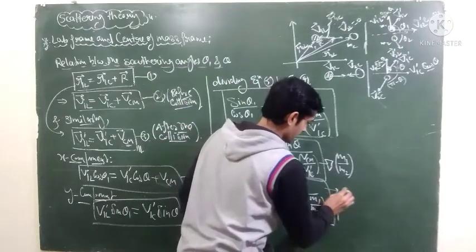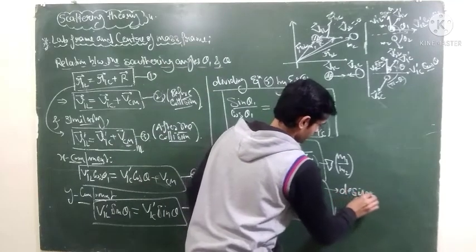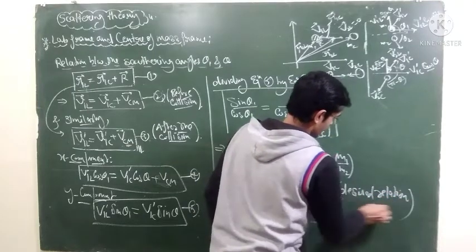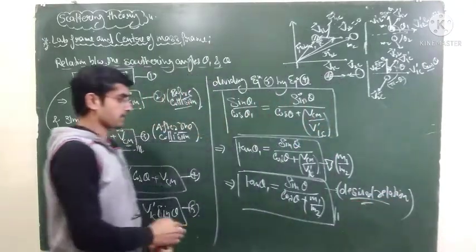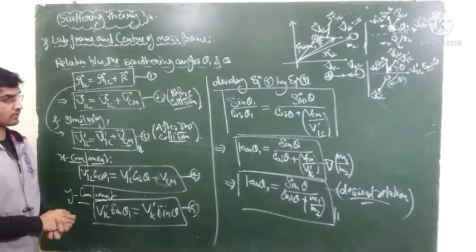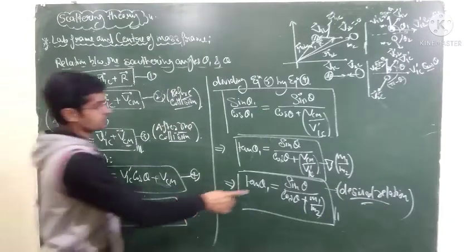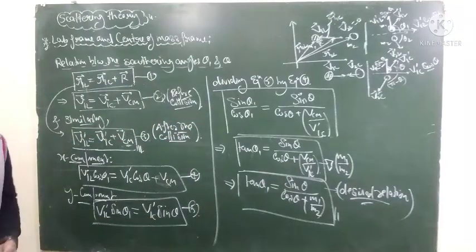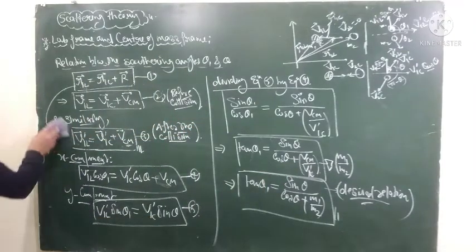So this is the desired result. So this is the desired relation between the scattering angles in these two different frames, right? So let me show you this ratio is equal to that. So to do that, let me rub this part.